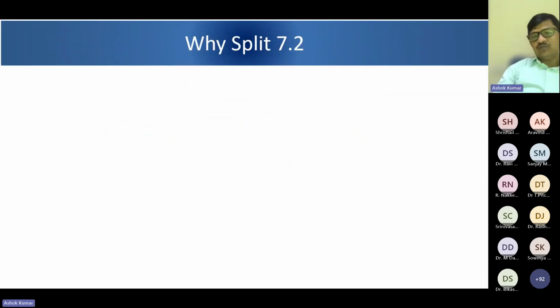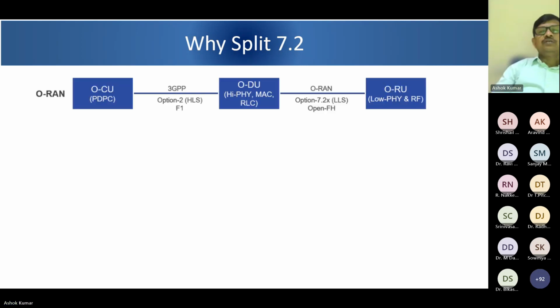Okay, the question is why split 7.2? What are the reasons to have 7.2? 7.2 means, again I am repeating, lower physical part plus RF at the RU, MAC, RLC and higher physical layer at the DU, and the rest of the higher-order layers are at the CU.